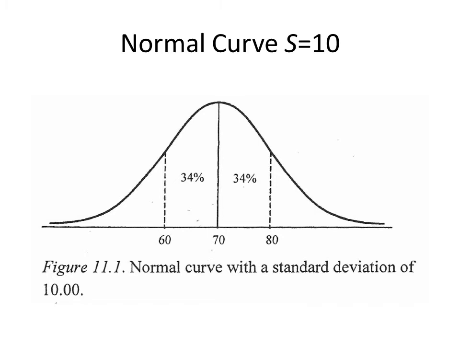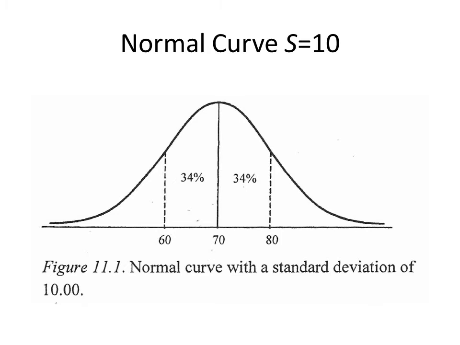This means 68%, a little more than two-thirds of the cases, lie within 10 points of the mean. 34% of the cases lie between a score of 60 and the mean of 70, within one standard deviation unit below the mean.